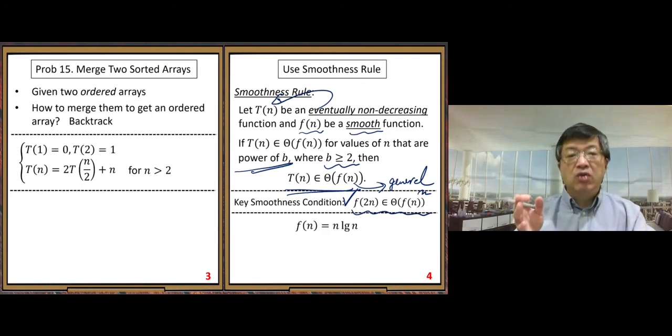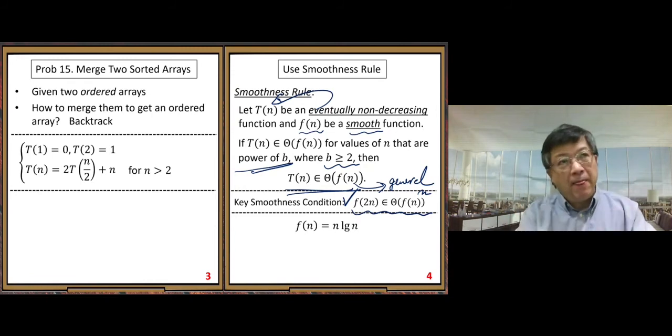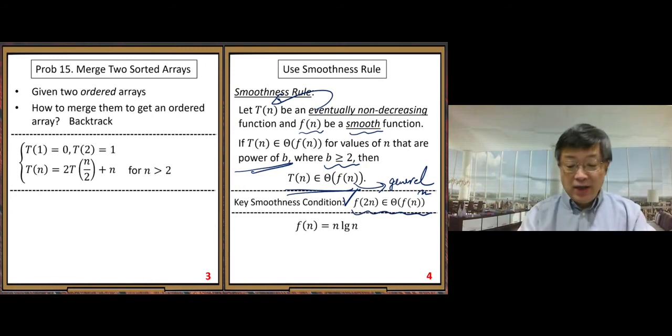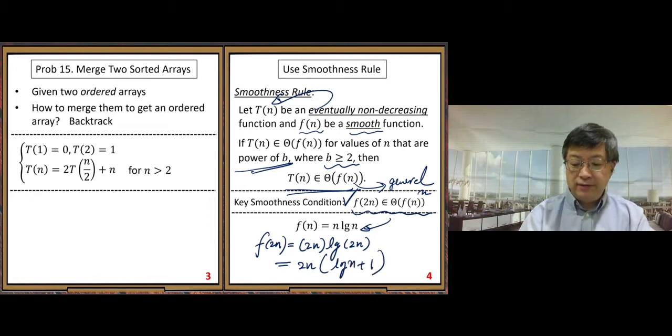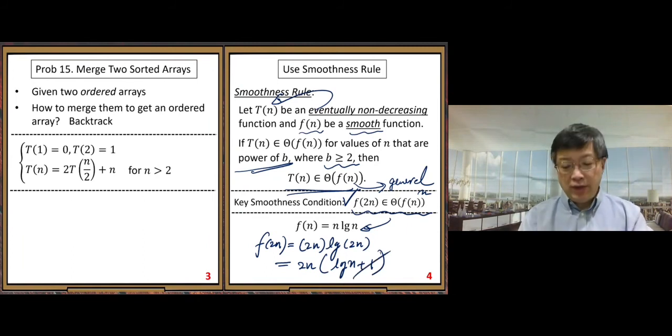Here, our f of n equals n times log n, log base 2. Let's check the condition. f of 2n equals 2n times log of 2n, which equals 2n times log n plus 1. The plus 1 is too small and can be ignored.